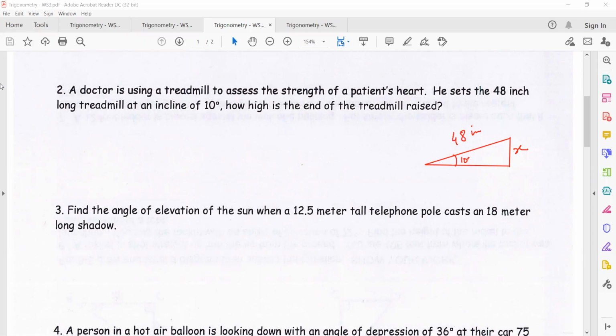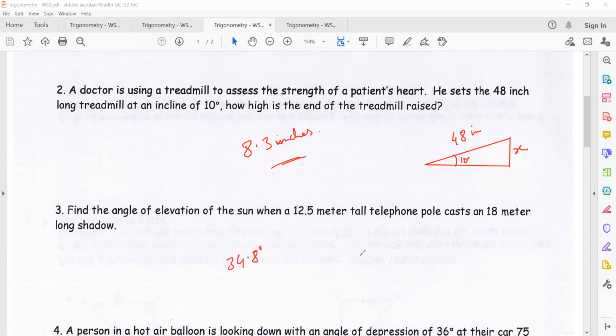You will take one decimal place because the worksheet asks you to take one decimal place. So the answer here is 8.3 inches. Right? And what is the answer of number 3? 34.8. Yes, 34.8.